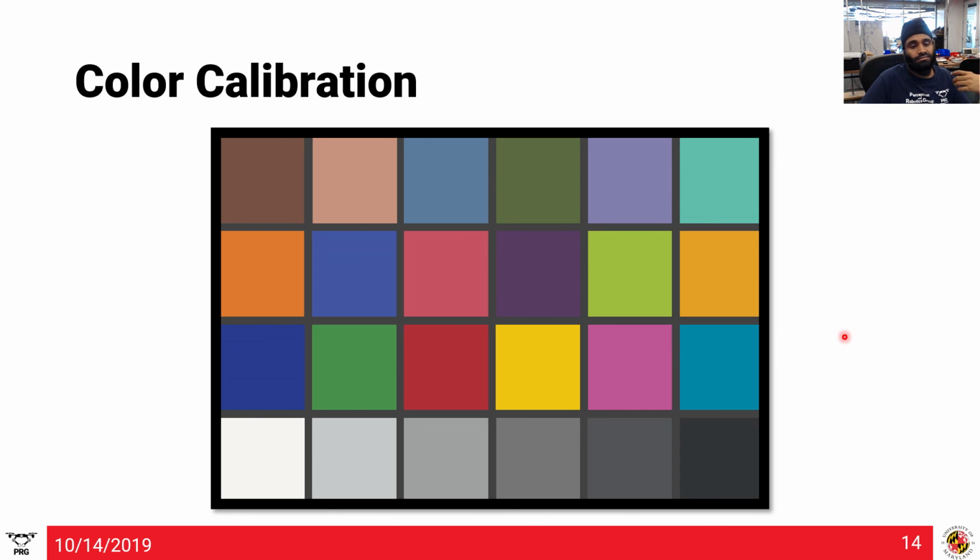If you have a color calibration board lying around, you can take a snapshot using a Leopard Imaging camera, and it'll tell you, okay, my red channel needs a correction of this much, my green channel needs a correction of this much, and my blue channel needs a correction of this much. So you can understand whether your red is actually red or your blue is actually blue. This is how you calibrate the colors if you want to do it.